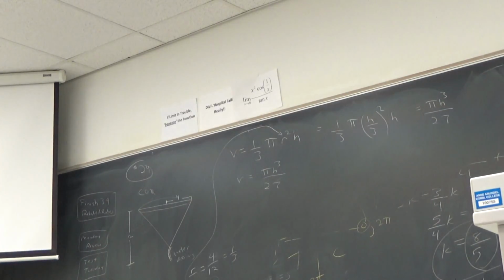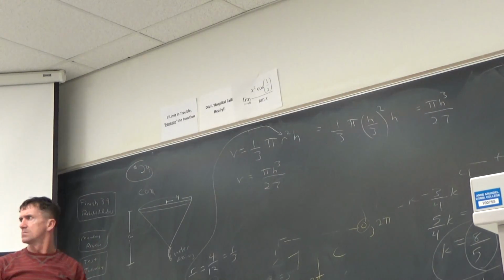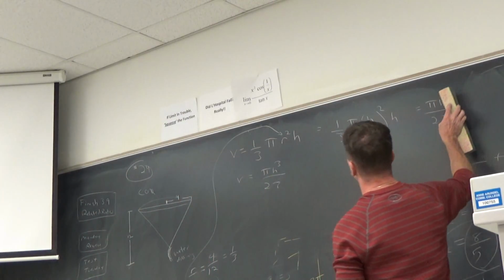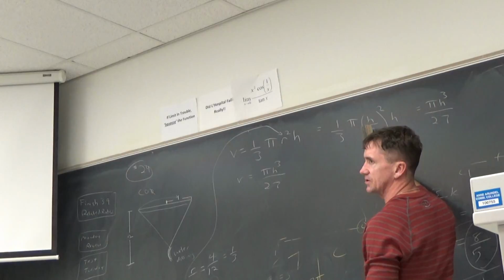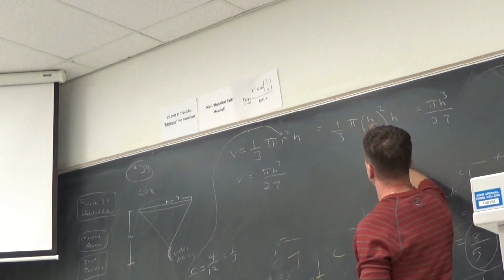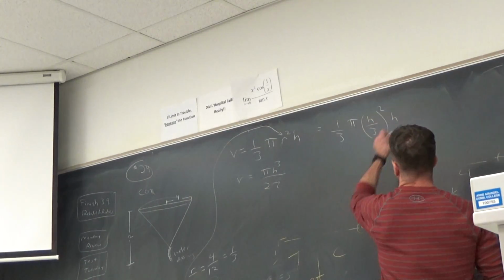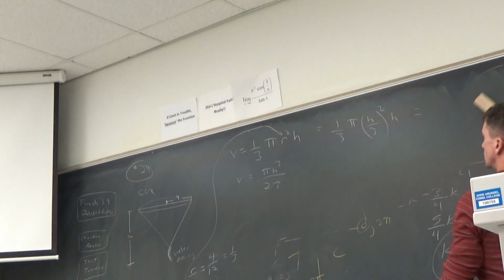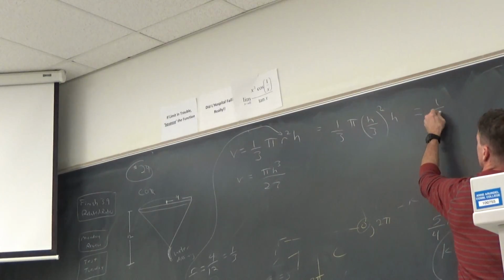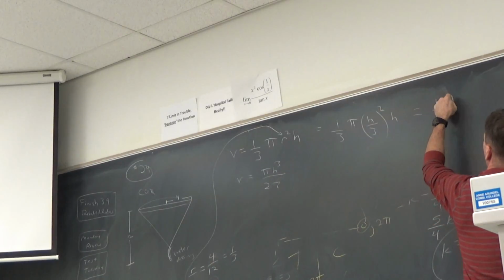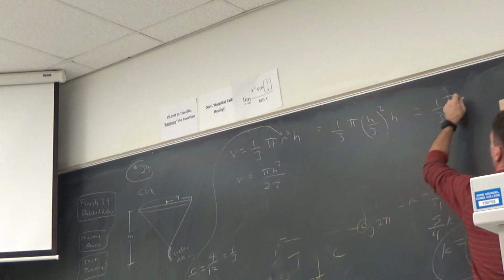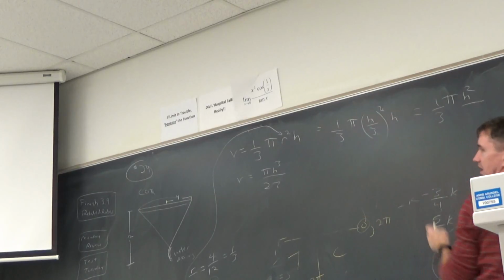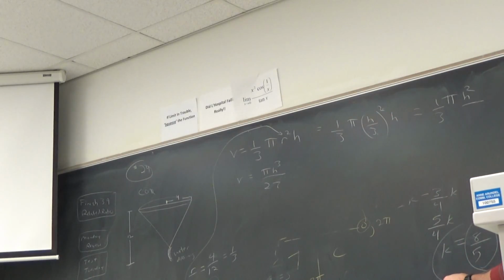Can you go step by step from plugging it in? You bet. First, you saw I put H over 3 there. Now mathematically, let's start by squaring both of those. You would get 1/3 pi h squared over 3 squared. I know you know 3 squared is 9.